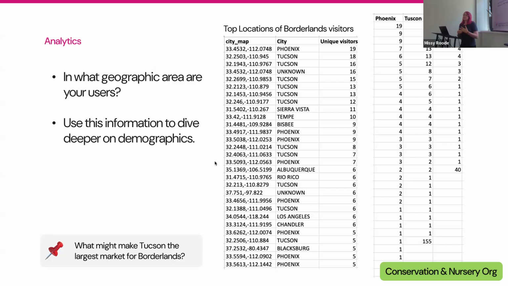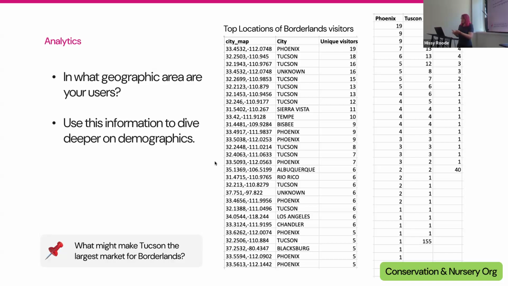And that's really helpful because even if you have a product that is available over a wide area, maybe it's available nationally, maybe it's available internationally, you're still going to see clusters usually in certain places. And so understanding geographically where your users are located is tremendously helpful, both in terms of making sure that you can meet the needs of those customers and also identify opportunities for geographic areas that you're not really pulling from that you'd like to see more traffic from.